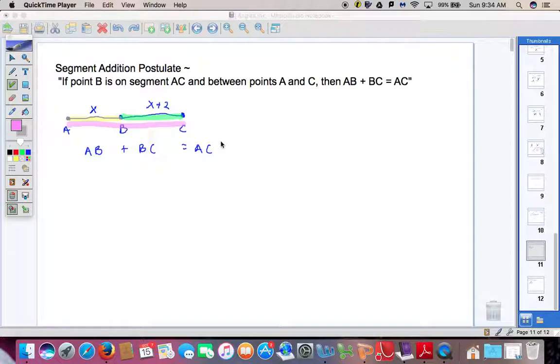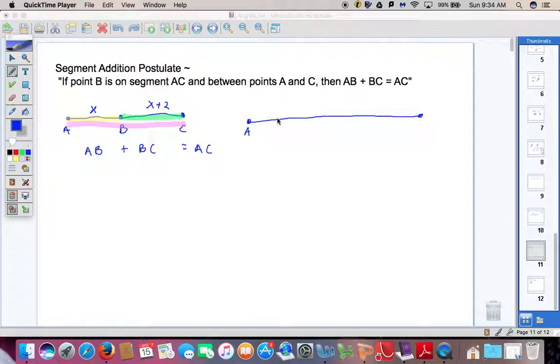And that kind of makes sense, right? So if we're not given any numbers, we can simply use that segment addition postulate and say that the distance from A to B plus the distance from B to C equals the distance from A to C. And if it was longer, then we could keep going.